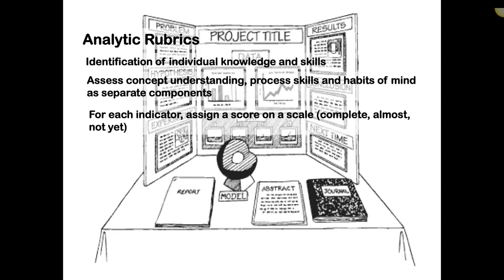So when you have an analytic rubric, you are going to give specific scales, and according to that scale, you give a specific score too. So students can understand what to do for specific assignments too. It can be a great direction for your students.